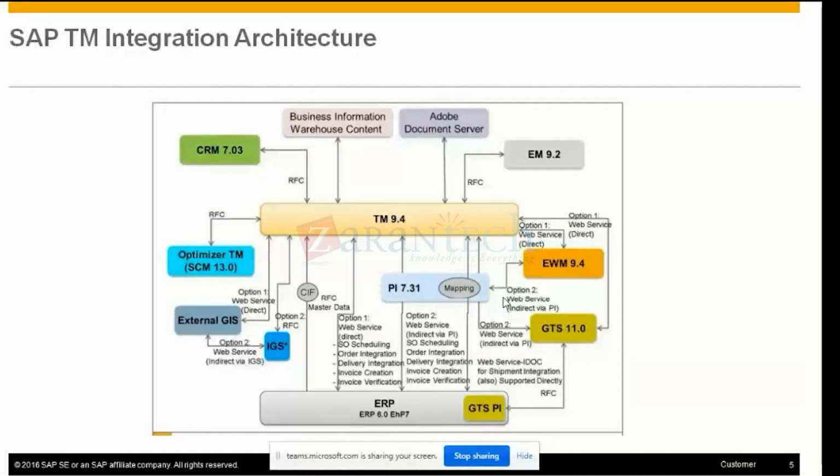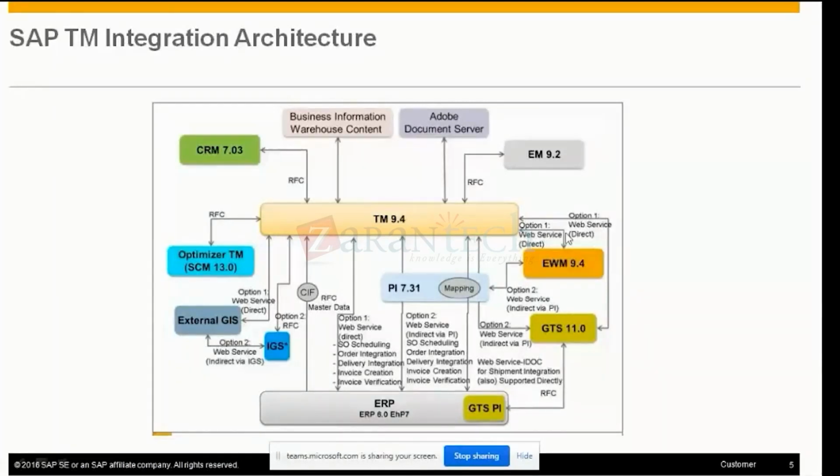Whenever finally the goods issue or the departure happens from your warehouse for a truck, it sends an update back into TM as well as ECC. So this entire integration or touch point between ECC, TM and EWM is also possible using TM as the sending system, and you can connect your transport management with the extended warehouse management.